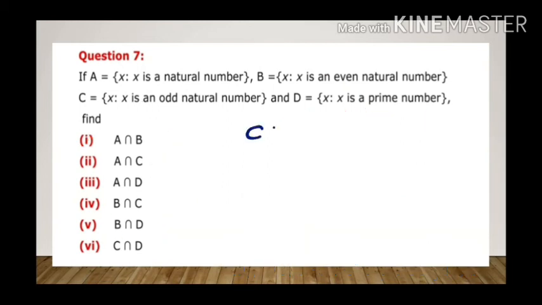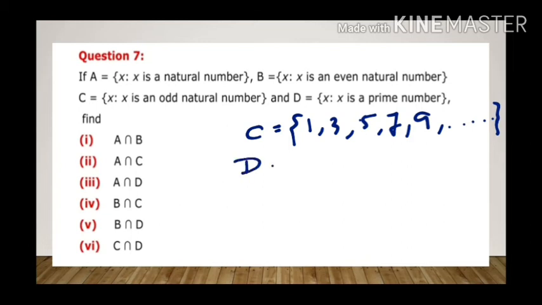Okay, C is the odd natural numbers, so C will contain 1, 3, 5, 7, 9 and so on, 11, 13 and so on. D is the collection of prime numbers, so it contains 2, 3, 5, 7, 11, 13 and so on.